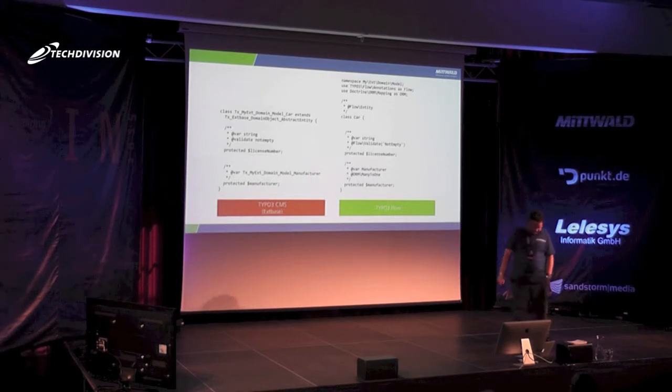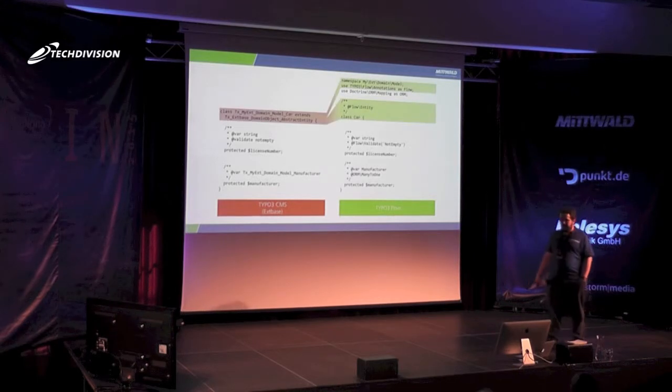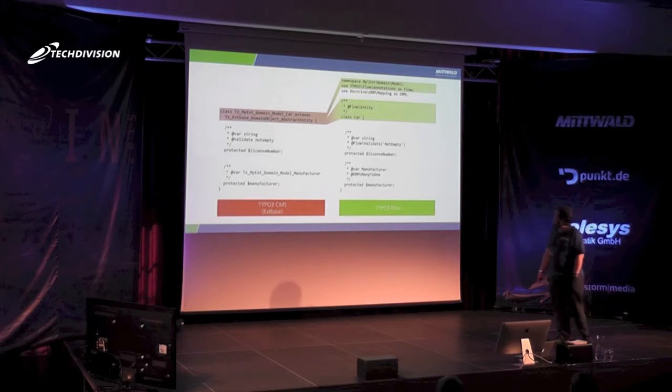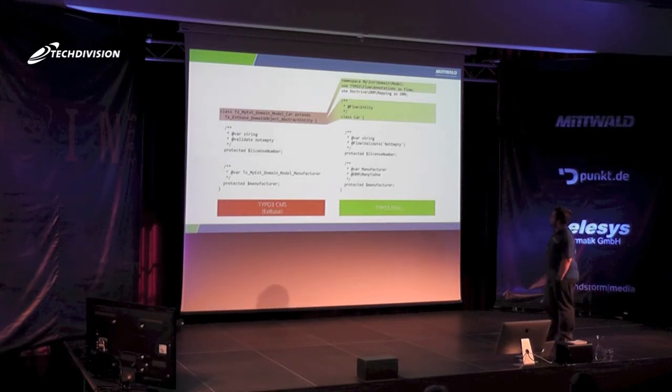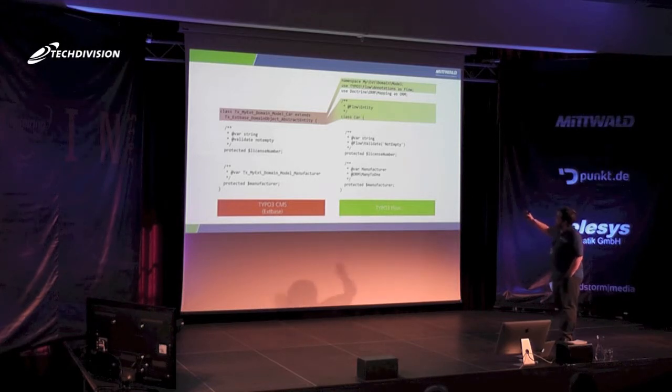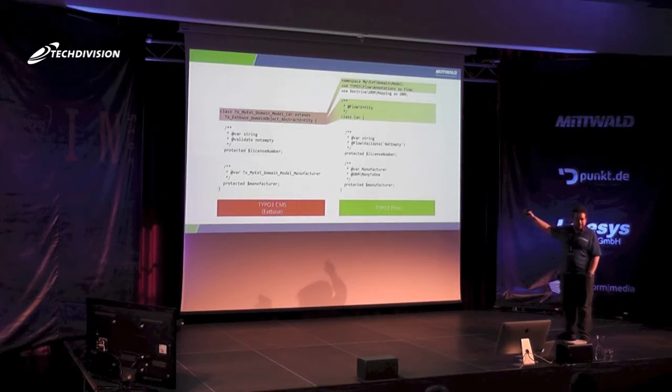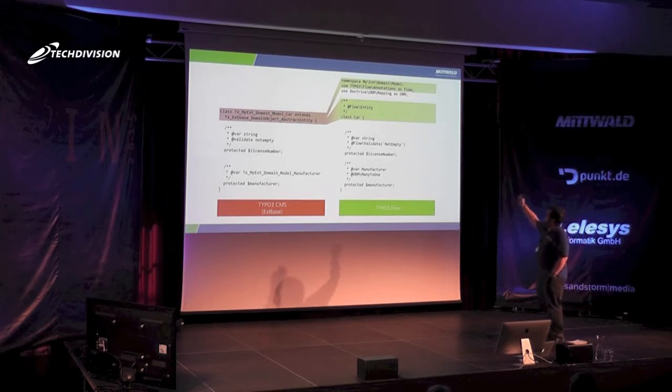So if you're unlucky, you're still using these PHP 5.2 style pseudo namespace class names, which you're going to have to break up. So in TYPO3 Flow, our class will only be named car and be in an appropriate namespace.